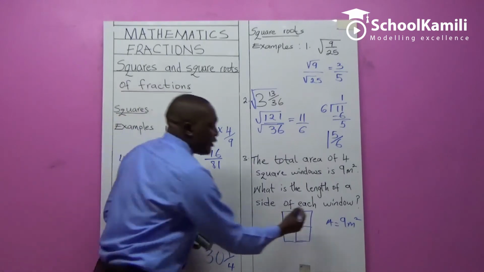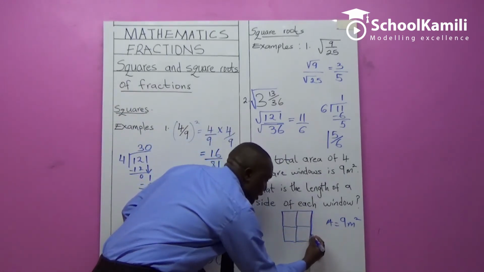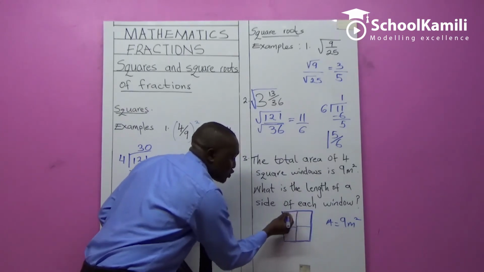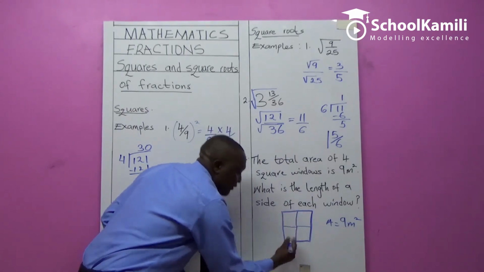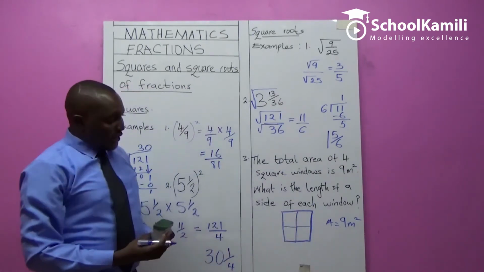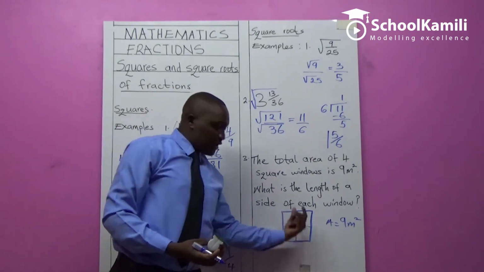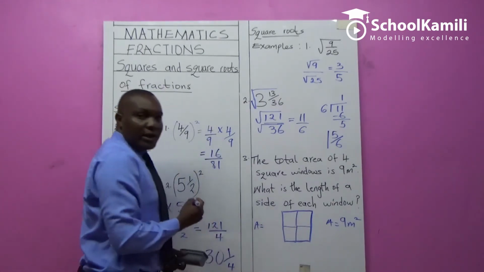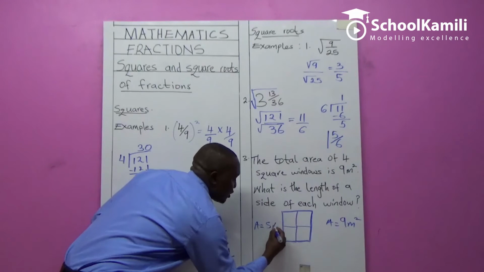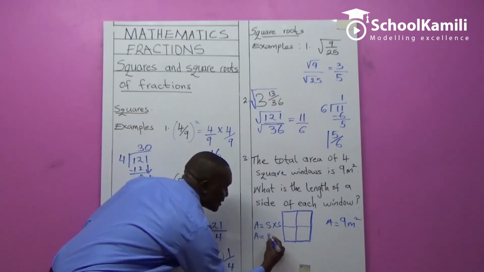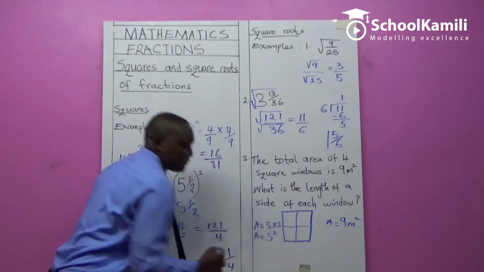How do we get the area of a square? These 4 windows have made a big square here. You can see it, which means the total of the 4 squares makes the area of the bigger square. How do you get the area of a bigger square? Area of a square, from class 5 we were told it is side multiplied by side, or there are those who say area of a square is side squared.